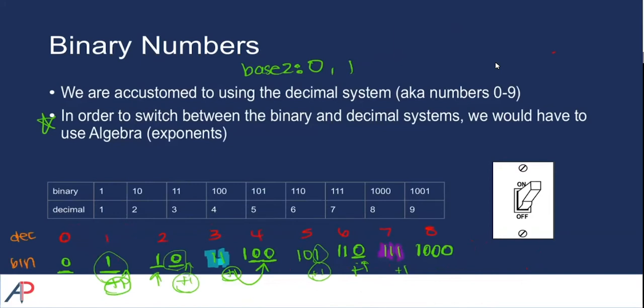The issue was when you tried to add 1 to an already existing 1. When you add 1 to 1, you normally get 2. 1 plus 1 is 2, but unfortunately the digit 2 does not exist in the binary system. That's because there's only the 2 digits 0 and 1.